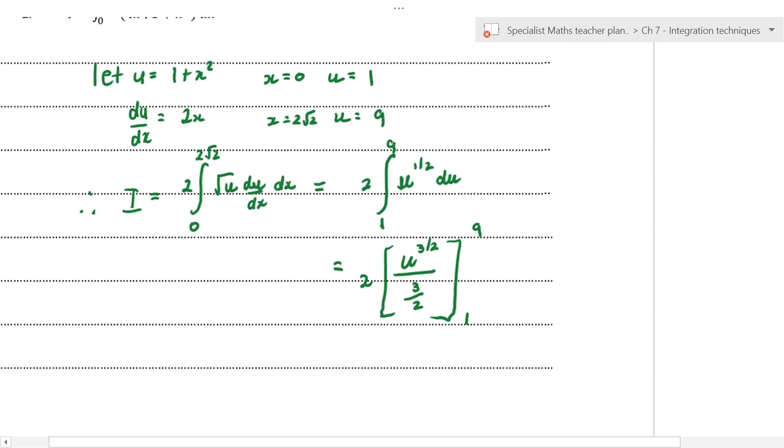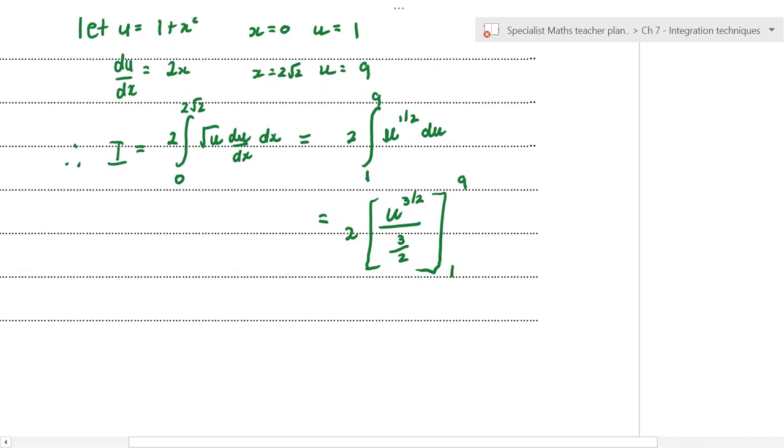Now I might clean that up just a little bit, because we know that if I have a fraction on the bottom, that denominator, that 2, is going to go up the top, isn't it? So let's change that. That's going to be 2u to the power of 3 on 2 over 3.